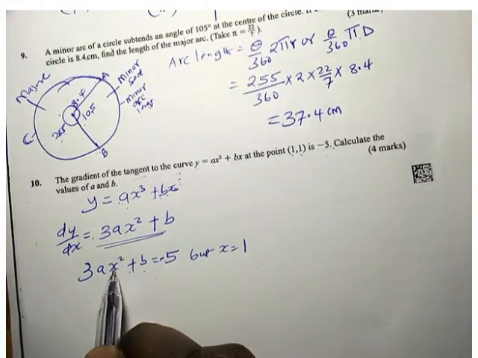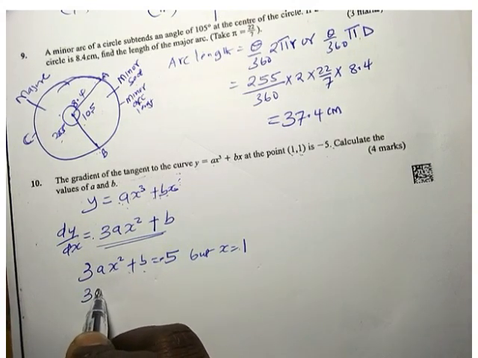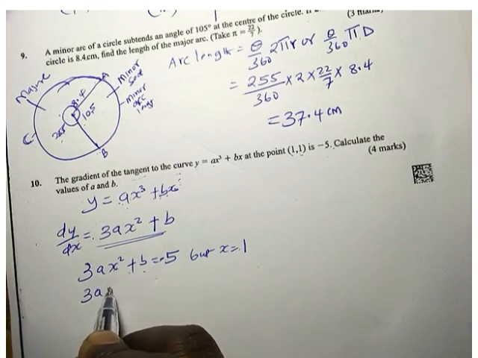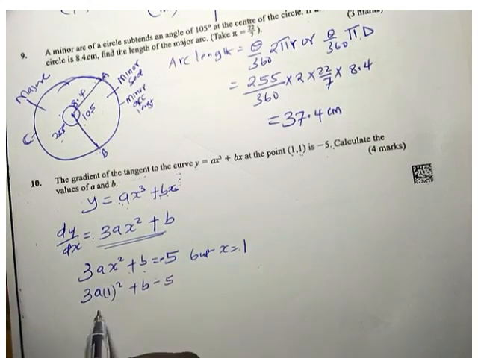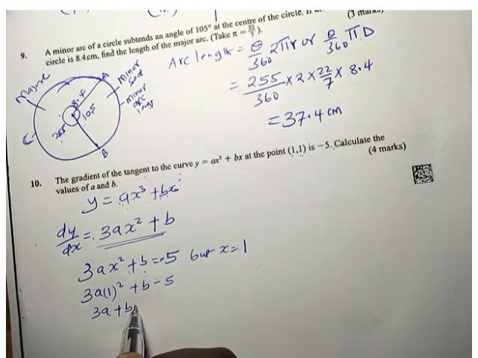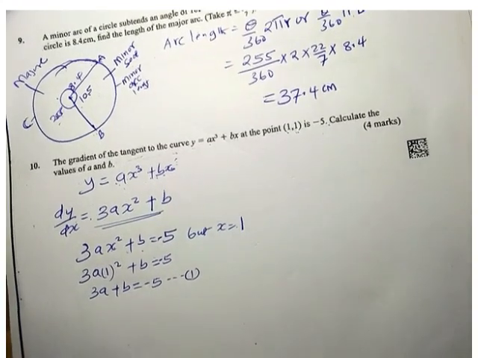So where you see x here, you substitute with 1. So we will have 3a times 1 raised to power 2 plus b equal to negative 5. And this one is going to be 3a plus b equal to negative 5. And this is equation 1. Tumepata equation 1.